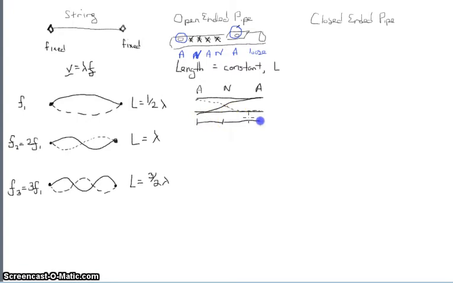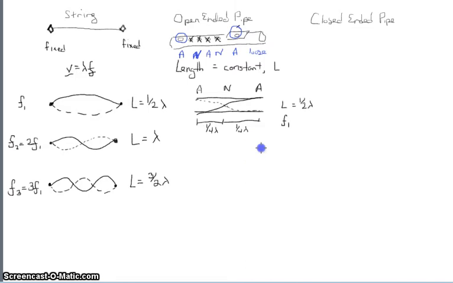From here to here, it's node to antinode, so it's another half of a loop. If I look at a whole loop, node to antinode to node, node to antinode is a quarter of a wavelength. So if we go antinode to antinode, the length here will equal 1/2 of the wavelength, and this will occur at the fundamental frequency.